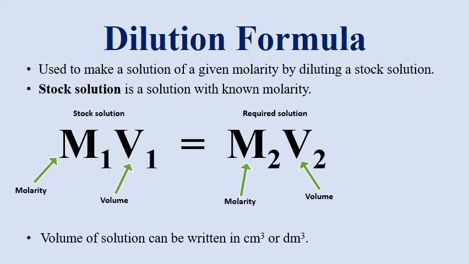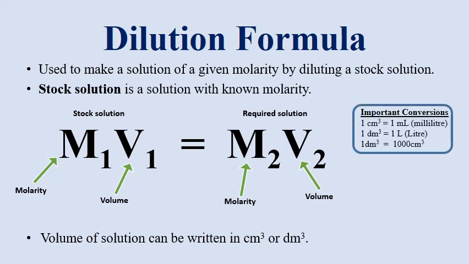The volume of both the stock solution and the required solution can be written in centimeter cubes or decimeter cubes. From previous concepts in this chapter, we know that 1 centimeter cube equals 1 milliliter. In other words, centimeter cube and milliliter are used interchangeably.